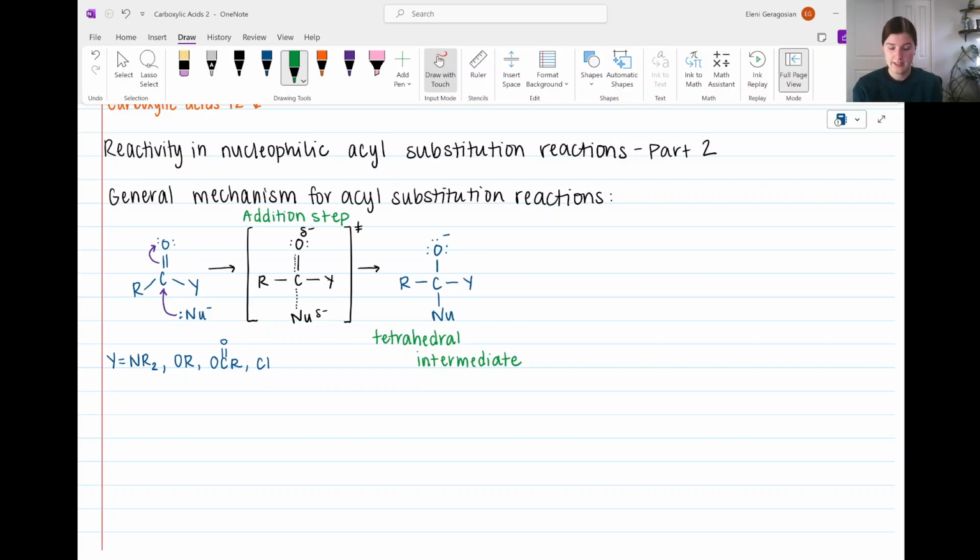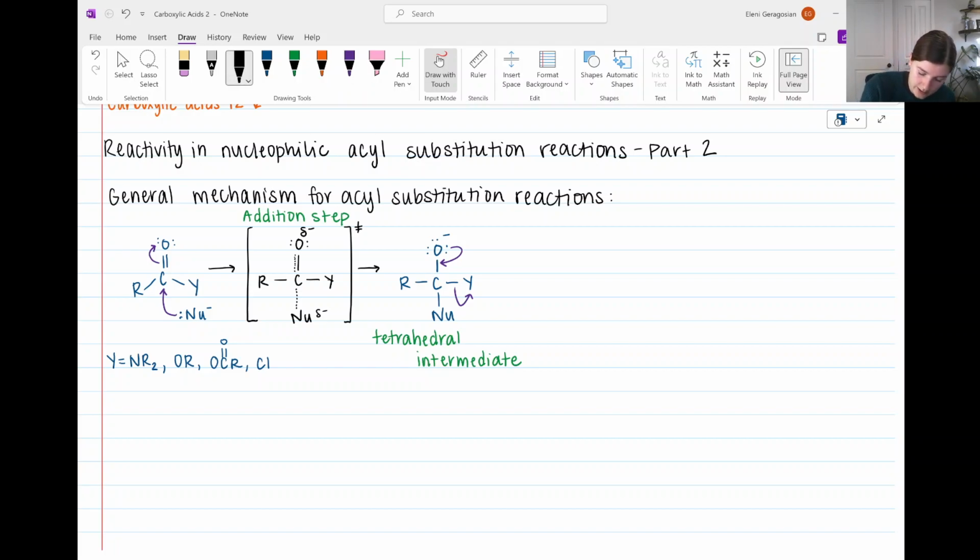So we have the addition step where the nucleophile adds, and then we have at some point in the mechanism an elimination step. In the elimination step, oxygen reforms a pi bond and the leaving group will leave. So we're reforming a pi bond and breaking a single bond.